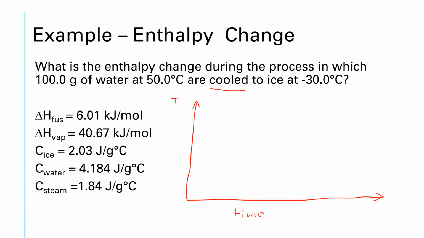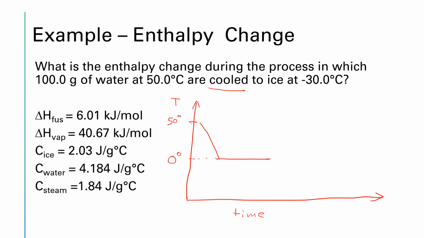The melting point of water is 0 degrees C, the boiling point is 100, so at 50 degrees we are talking liquid water, and we're going to cool that liquid water. When we hit 0 degrees C, that water is going to freeze, and so we're going to hit a plateau.